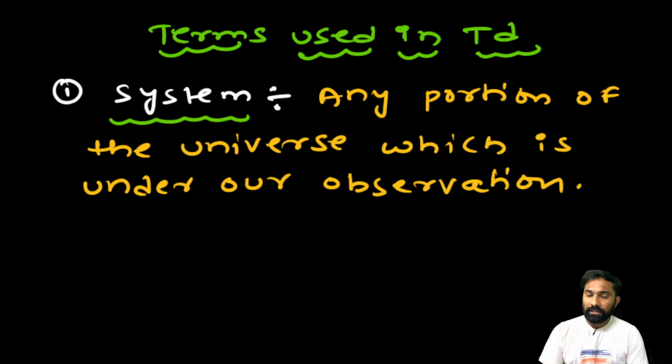Now, the system indicates any portion of the universe. Let's suppose we consider our earth as the universe. Next, the portion which is under our observation, let's suppose I am teaching one class. That class is under my observation, right?